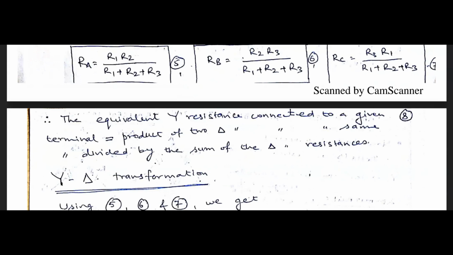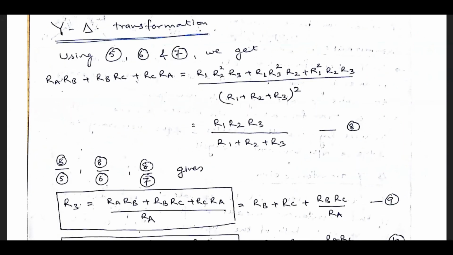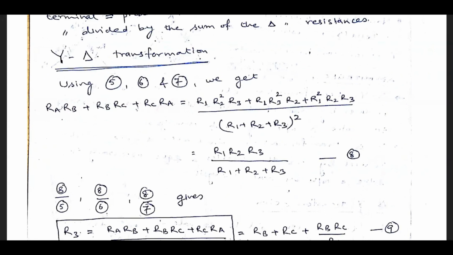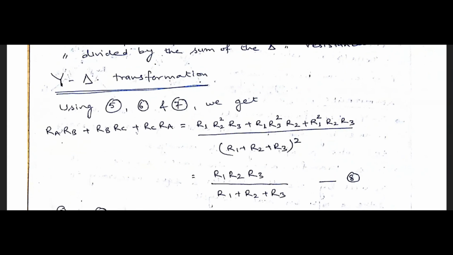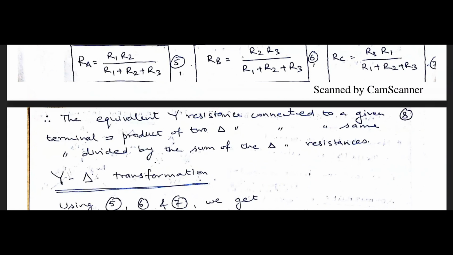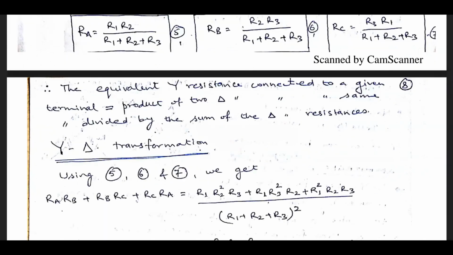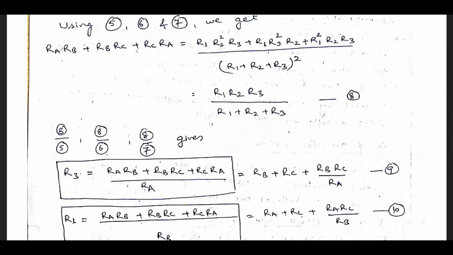First of all, the denominator component is the same. And in equation 8, R1 R2 R3 is there, and in equation 5, R1 R2 is there. So if we divide equation 8 by equation 5, the denominator gets cancelled out and the numerator R1 R2 also gets cancelled out. So we get the value of R3.